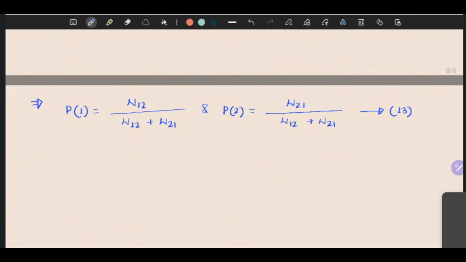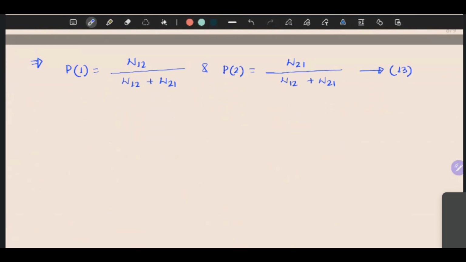So basically for a three-state Markov process, you can see that will be considerably difficult. Why? Because then you have to write P of k is equal to nk by dk for k greater than 2.